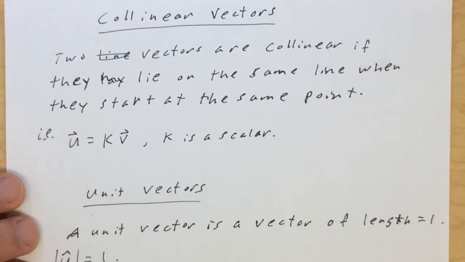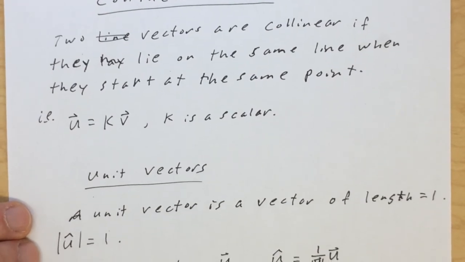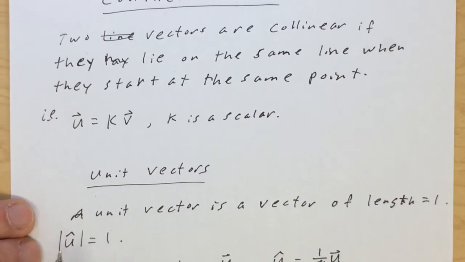We have a special symbol for a unit vector. If we know it's a unit vector, instead of putting the line with an arrow above it, we put a little hat on it. So if it's u or v or w or whatever with a hat on top of it, then it's called a unit vector. We know its magnitude is 1.